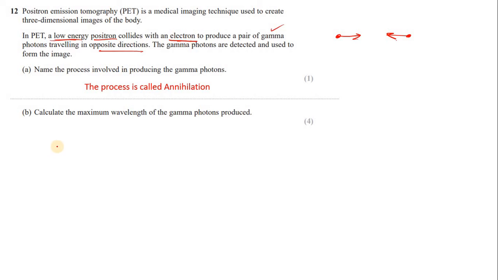You can start with E is equal to delta m c square, and we have two particles coming, so we have double the mass, 2 times 9.11 into 10 to the power minus 31 kilogram. This is the mass of the positron or the mass of the electron. We have two same opposite particles, that's why I'm taking 2. C square, 3 into 10 to the power 8 whole square. So delta E or E would be equal to 1.64 into 10 to the power minus 13.